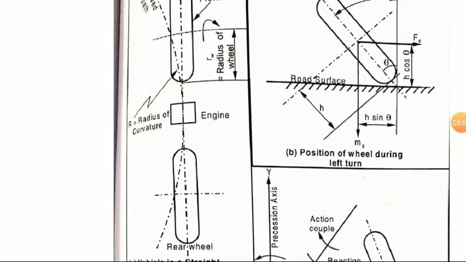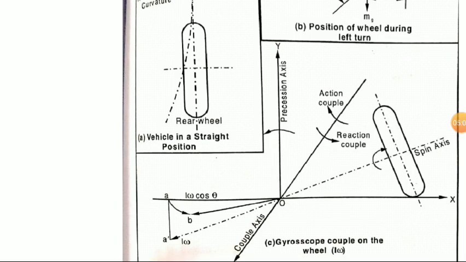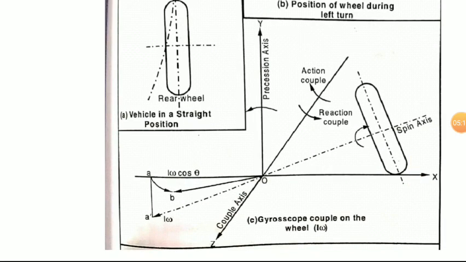Solving this angle theta, the angle of heel, you can see the same theta occurs for the new spin axis with OX. You just solve that. You can see OA dash marked here, that is I omega, and that angle we already got, theta.